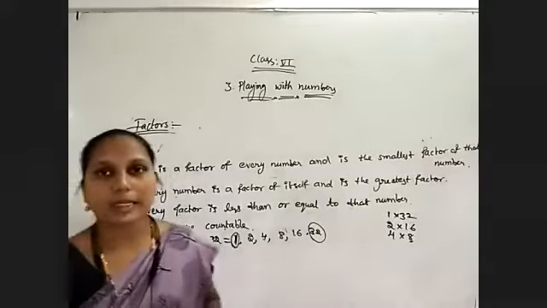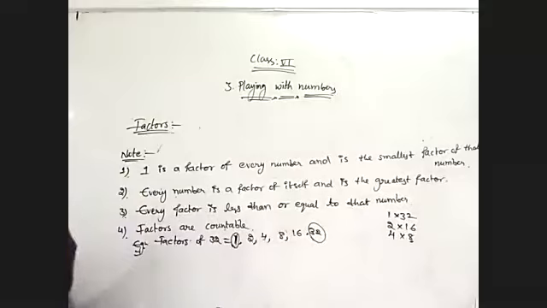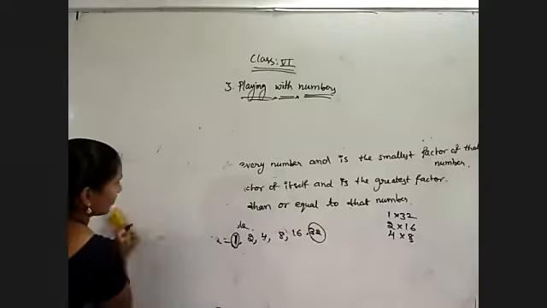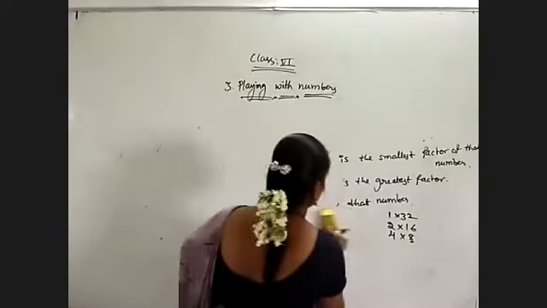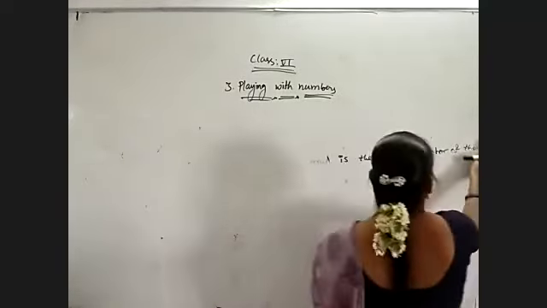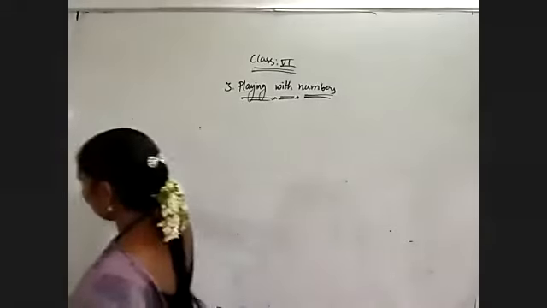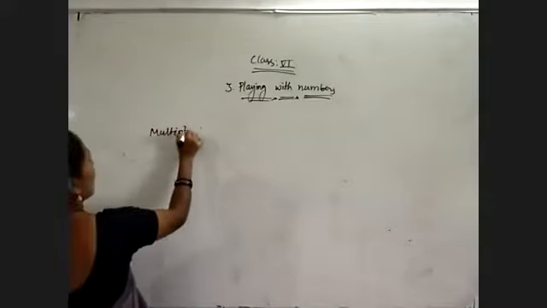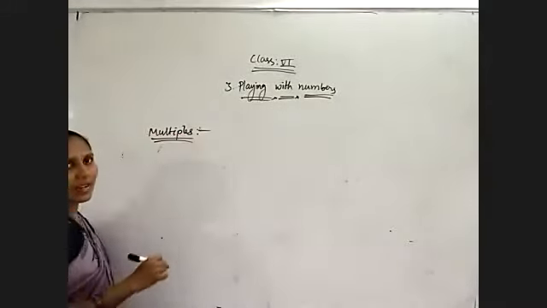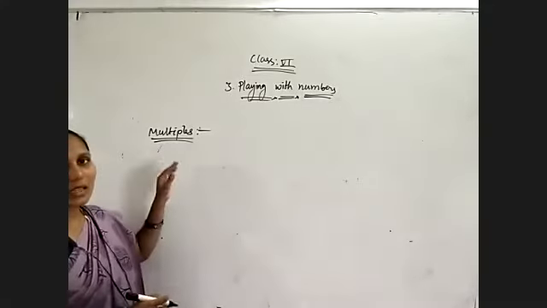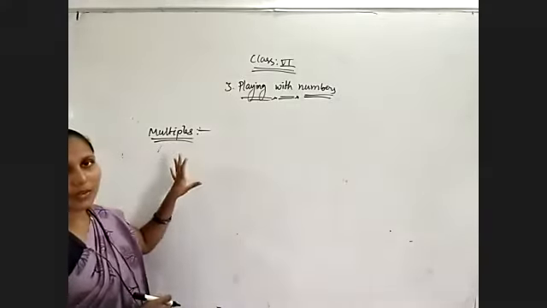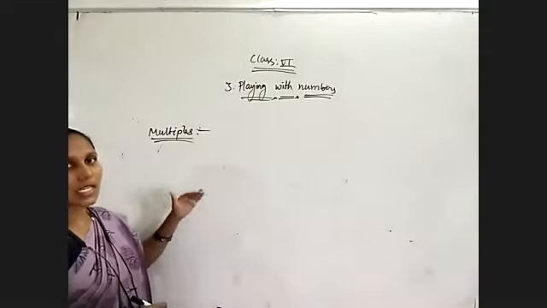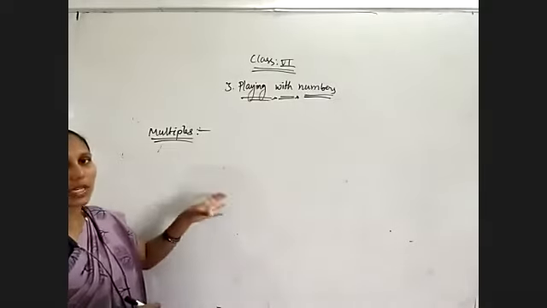Now coming to the multiples. Multiples are nothing but, till now, while we are checking for factors, we are dividing the given number. Suppose we are writing the factors of 15, we check whether it is divisible by the numbers 1, 2, 3, 4 or not.